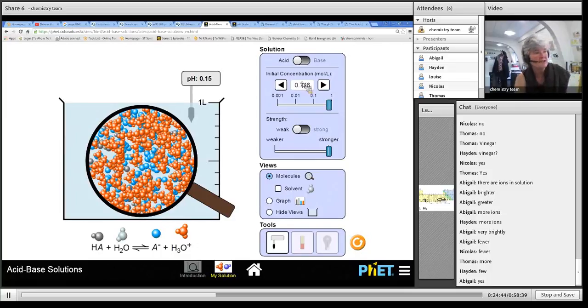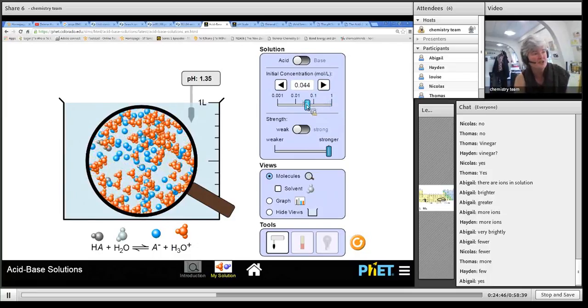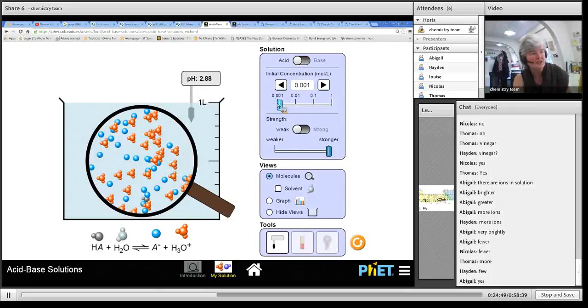So if I decrease my concentration, I'm only going to 0.001, so it's only going to get to 3. But if I decreased it even more, then it would go even further. So you could have a strong acid solution, a solution of HCl, as long as it's dilute enough, that can have a pH of 6. Could it have a pH of 8?